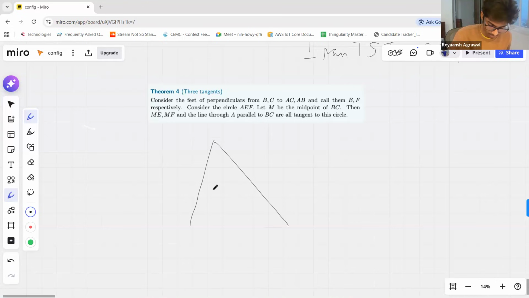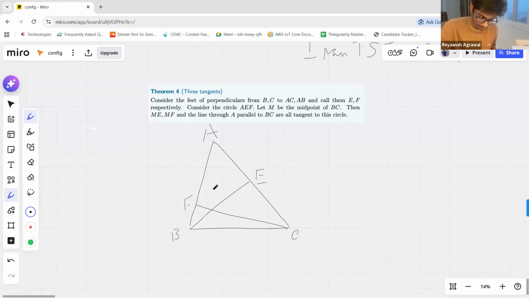So you have a triangle ABC and you have the feet of perpendiculars from B to AC and C to AB. And you consider the circle AEF.